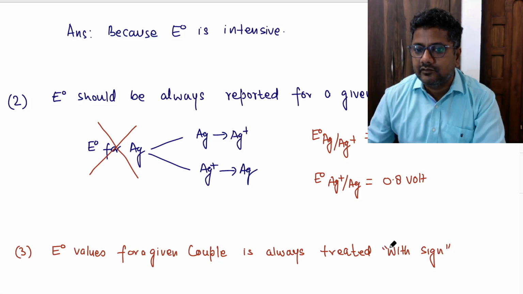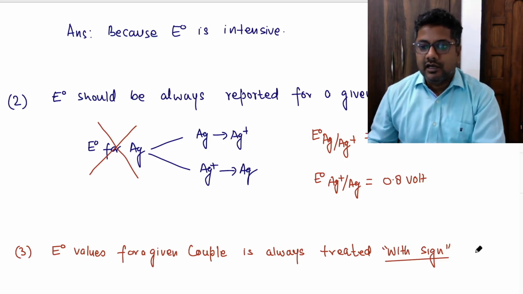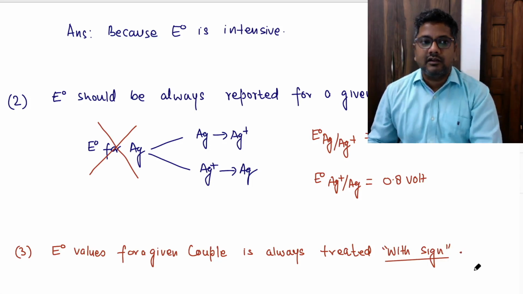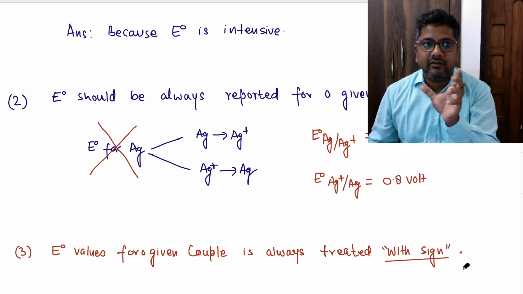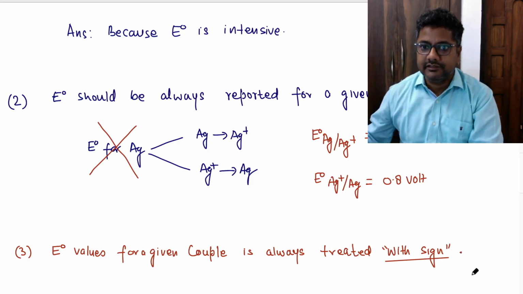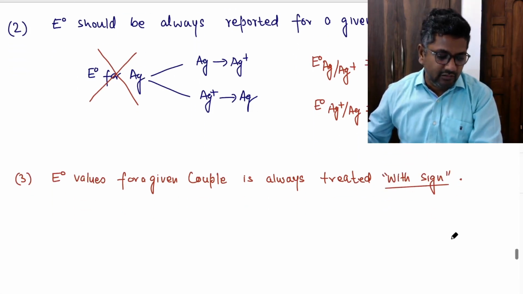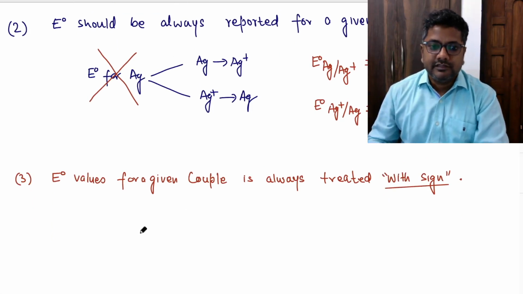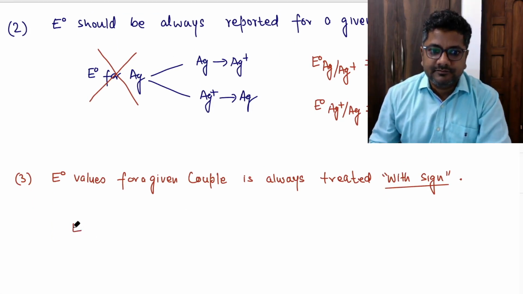With sign, quote it, very important point. With sign means E naught values are not considered, are not treated magnitude only, right? So suppose that E naught for A2 plus 2A is given 0.23 volt.